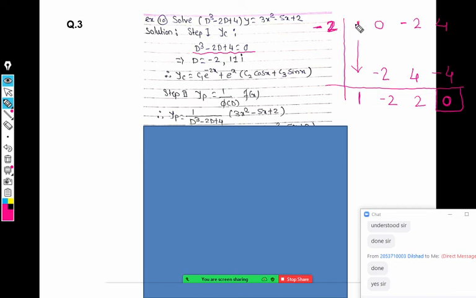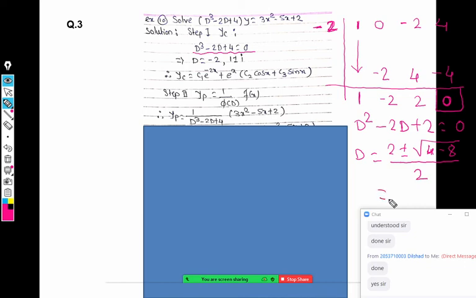So what happens then? The polynomial of degree 3 reduces to a quadratic: d square minus 2d plus 2 equal to 0. Now we have to find the roots of this quadratic equation by our regular method, d is equal to minus b plus or minus root of b square minus 4ac, upon 2a.